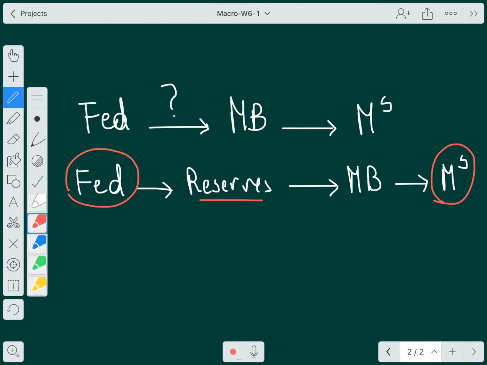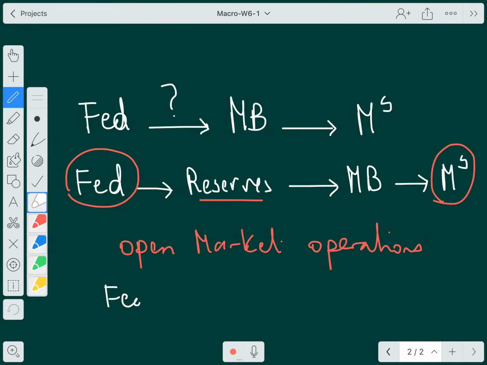So the Fed can affect these reserves by what we call open market operations. The open market operations are undertaken by what we call the Federal Open Market Committee.